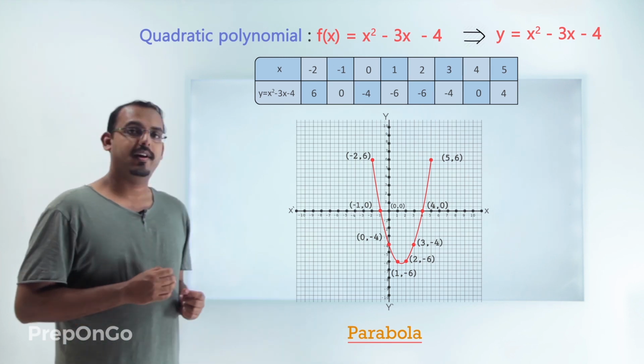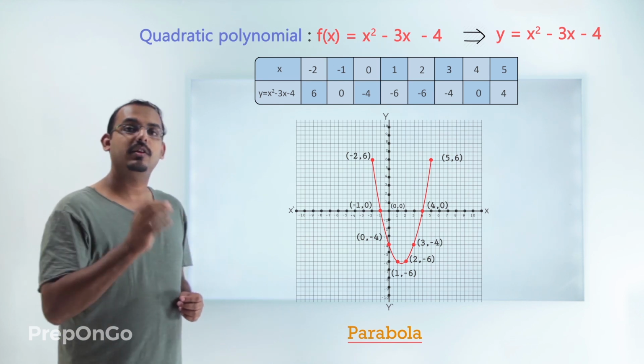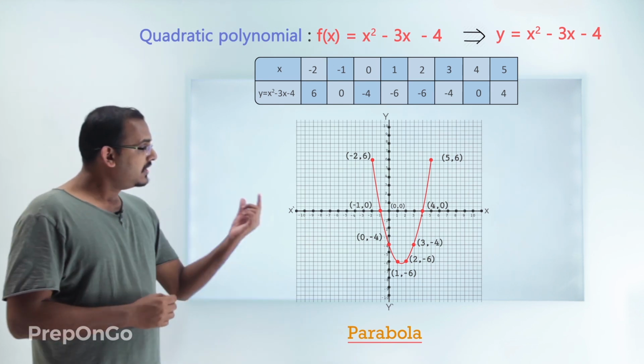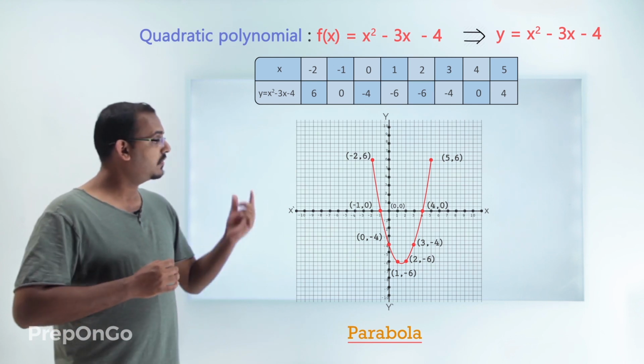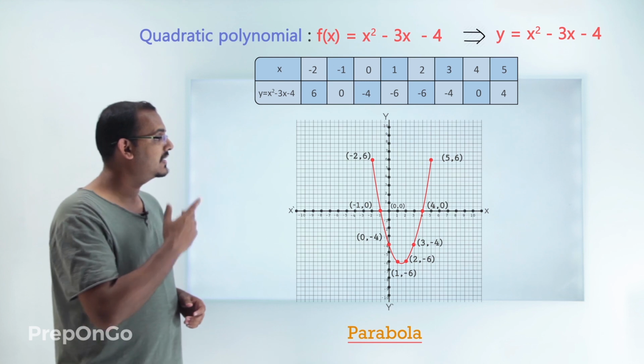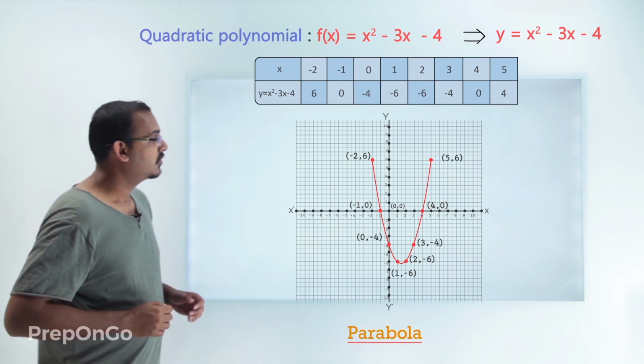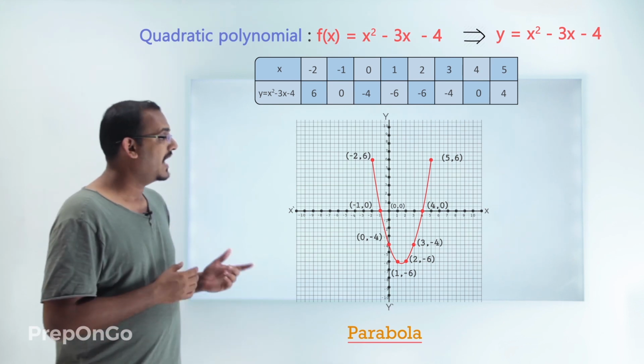So at these 2 points, the value of y, or the value of the polynomial, turns out to be 0. So these two values, the x-coordinates of these 2 points, x equals -1 and x equals 4, are what we call the zeros of the polynomial, right? So a quadratic polynomial has 2 zeros.